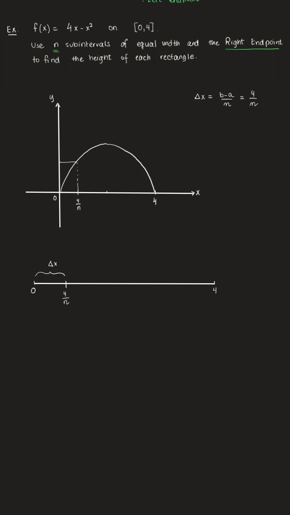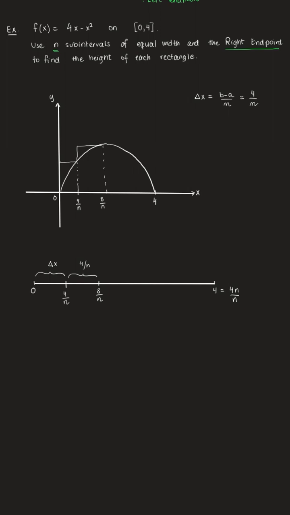Then the height of the next rectangle we'll get at 8 over n, because I'm going from 4 over n, adding another 4 over n to that, and that gives me 8 over n. And so on. We're going to keep doing that until we get to 4, which can be written in terms of n as 4n over n. Here you can see that 4n over n is just equal to 4 when the n's cancel.